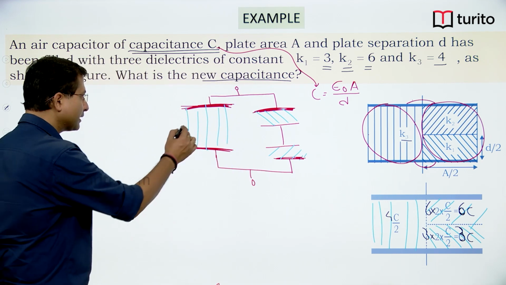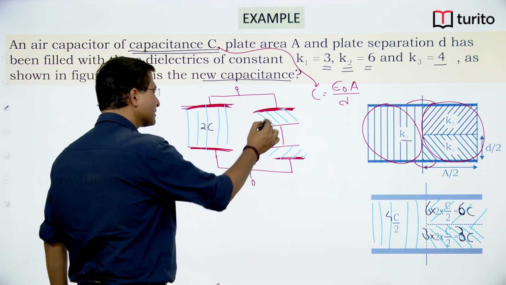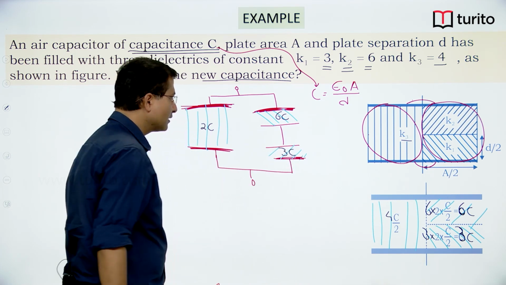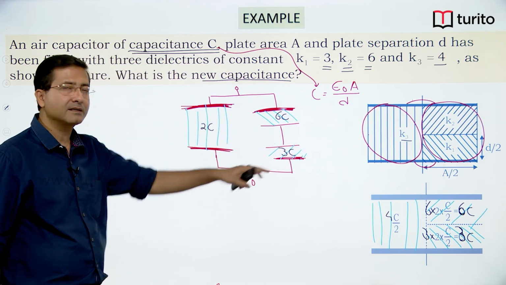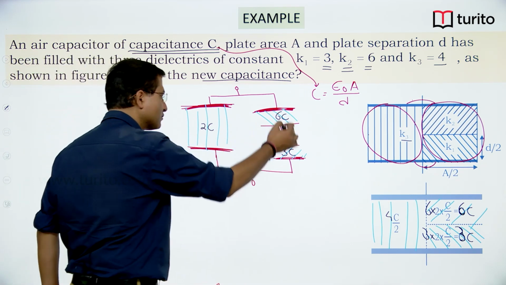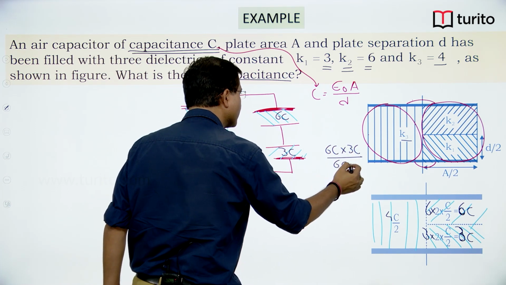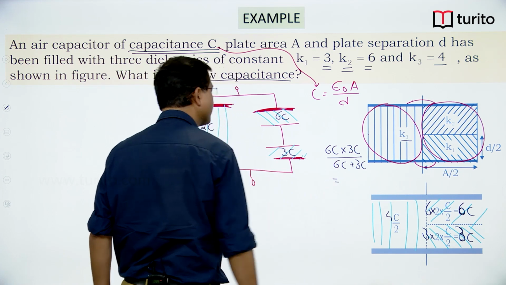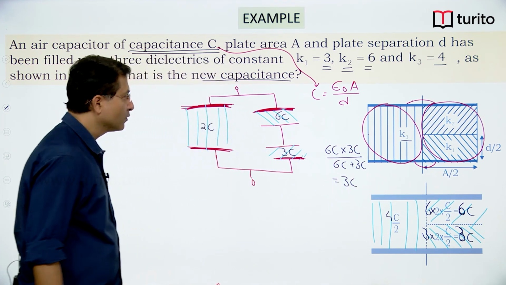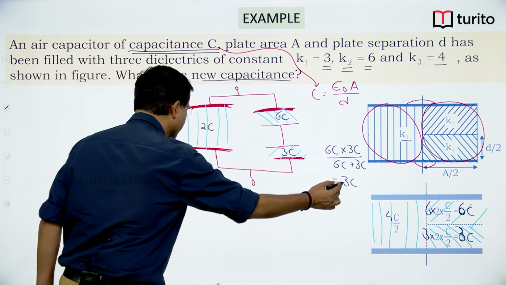Here I am writing 2C with dielectric, here 6C, and here 3C. Now as you can see, these two are connected in series, so C1 C2 upon C1 plus C2. For this arrangement, that is coming to 3C. So the whole thing is representing 2C.